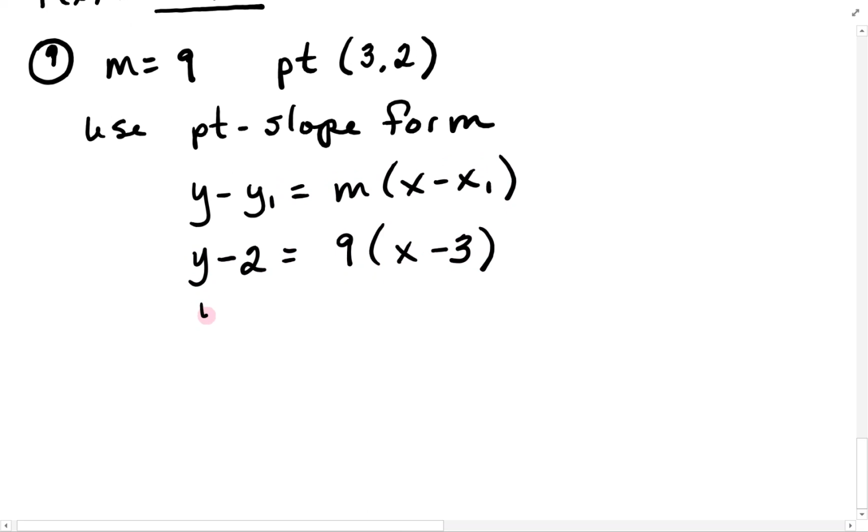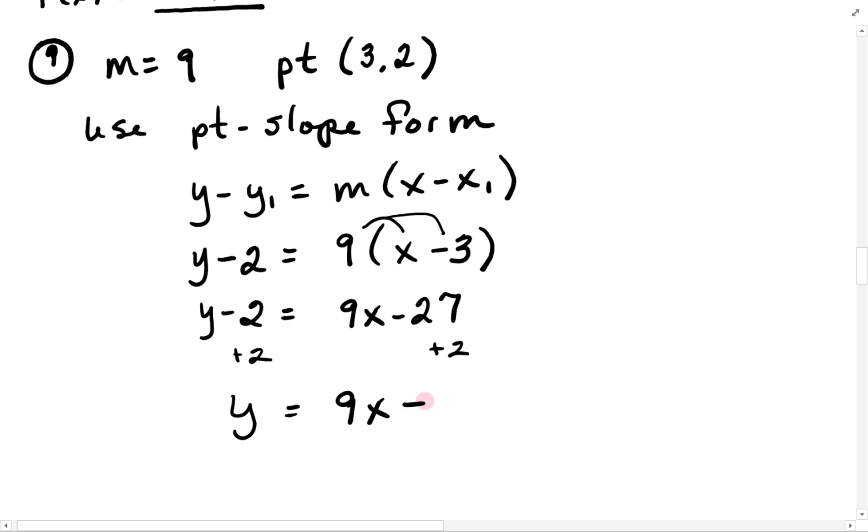Use the distributive property. I'll have y minus 2 is equal to 9x minus 27. Add 2, and y is equal to 9x minus 25. And I'm done. That's my equation. My math lab allows you just to type the right side in because it already has f of x equals. I'm using y, but it says f of x.